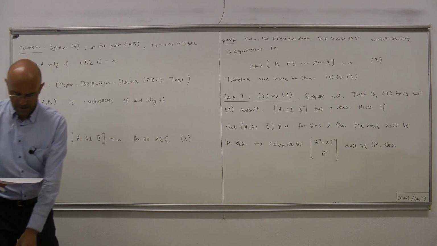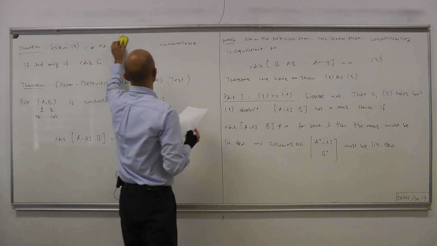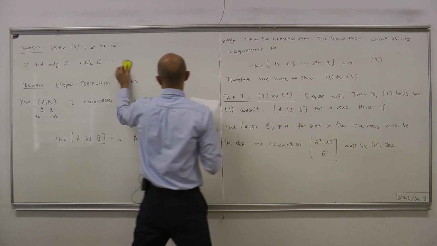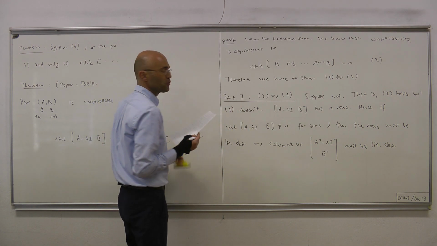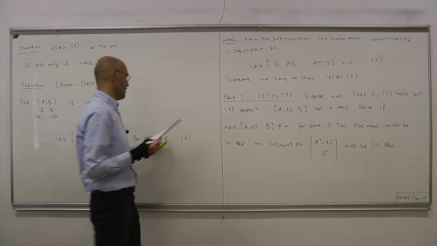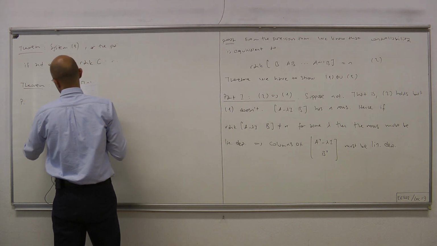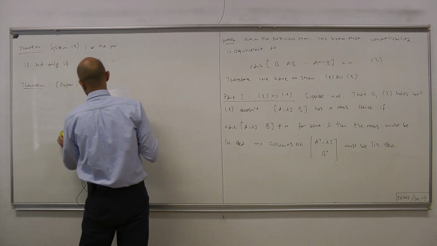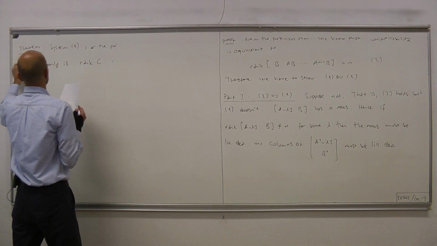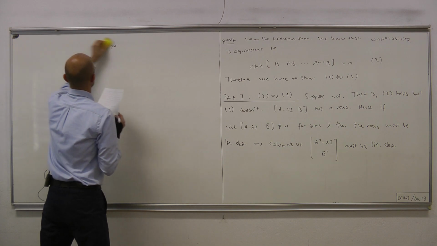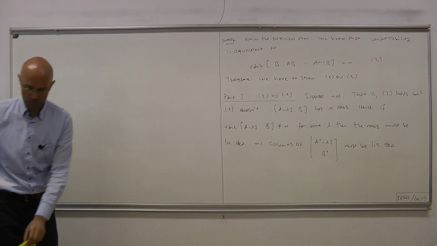And that implies that we can find a linear combination of those n columns where at least one of the coefficients is different than 0, such that their linear combination produces the 0 vector.